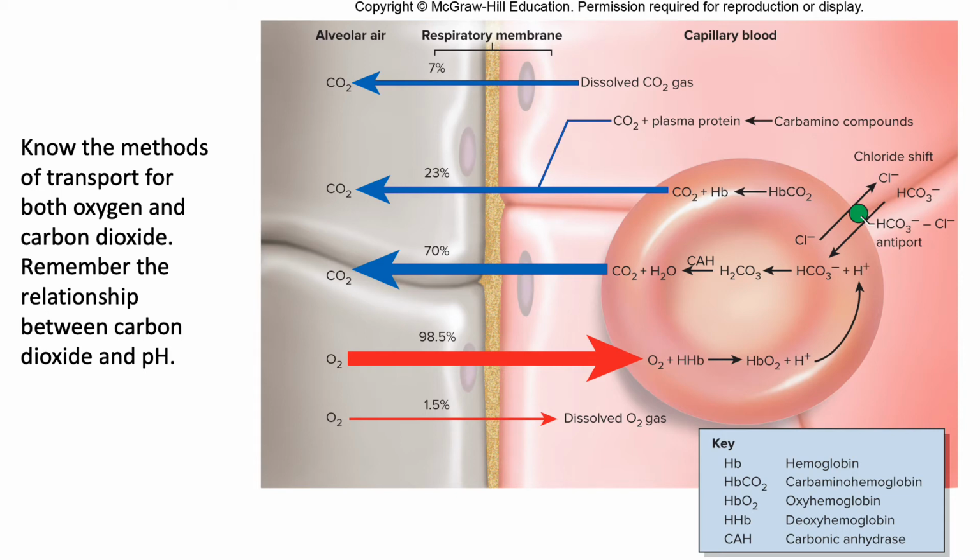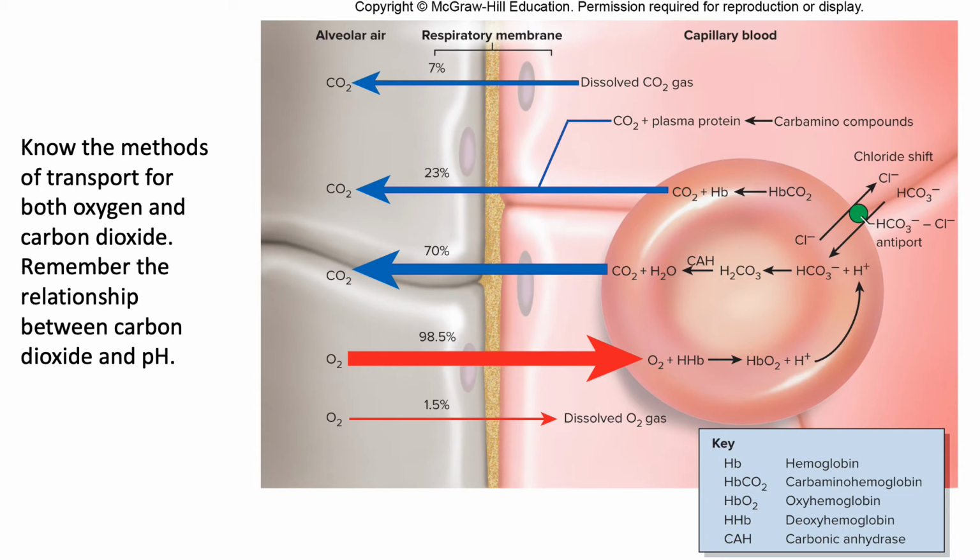That carbon dioxide will diffuse back across the respiratory membrane into the alveolar air to be expired. And as well, the binding of oxygen to hemoglobin also reduces the affinity of hemoglobin for carbon dioxide, and the carbon dioxide is released from the hemoglobin, so that small 23% can be diffused across the respiratory membrane as well.